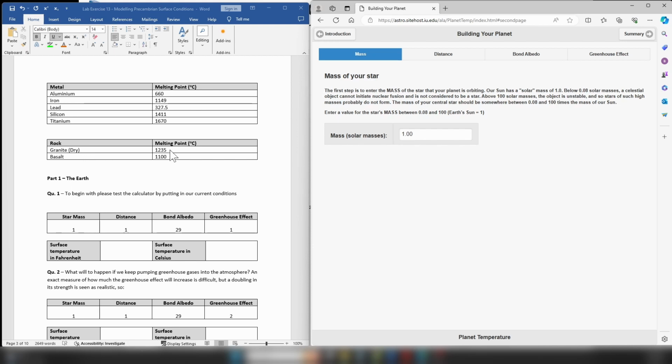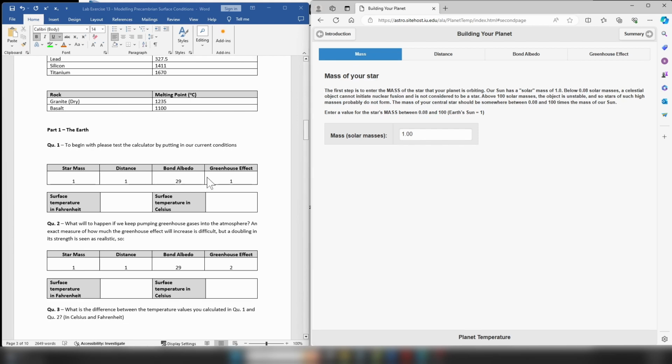So the melting point of dry granite and the melting point of basalt is once again given in Celsius. Now you're probably thinking, why am I stipulating dry granite? That's because if your granite contains water, when you try and melt it, it will melt at a much lower temperature than a dry granite. So that's a consideration. But in this instance, we're just focusing on the melting point of dry granite.